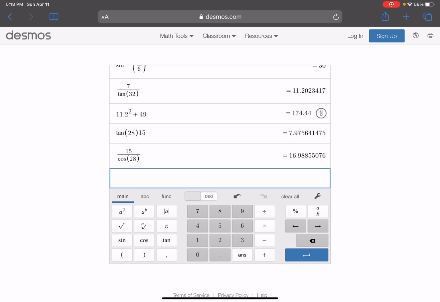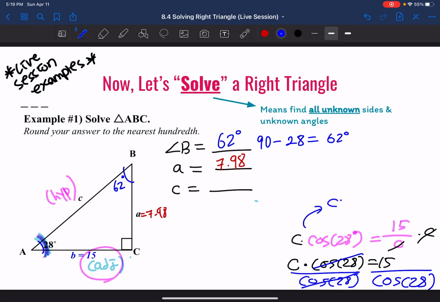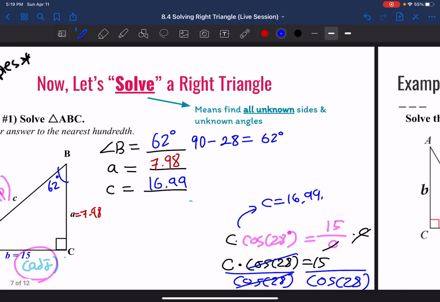That's 16.988. So I'll round. It's going to be 16.99. Okay. So my c is 16.99. Okay. That's it. But as I say, you can use the Pythagorean theorem if you want. That was example number 1.